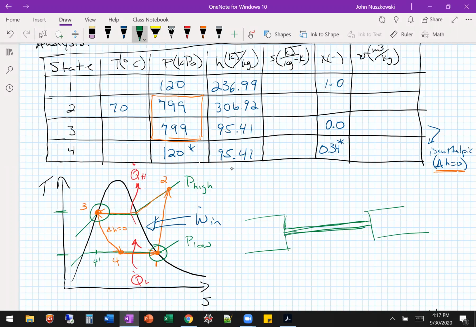So you get a lower pressure over here than here, because of all that restriction that you have, right? So you drop pressure, and because of that drop in pressure, while keeping the enthalpy the same, then we have a lower temperature. So it has to drop in temperature.